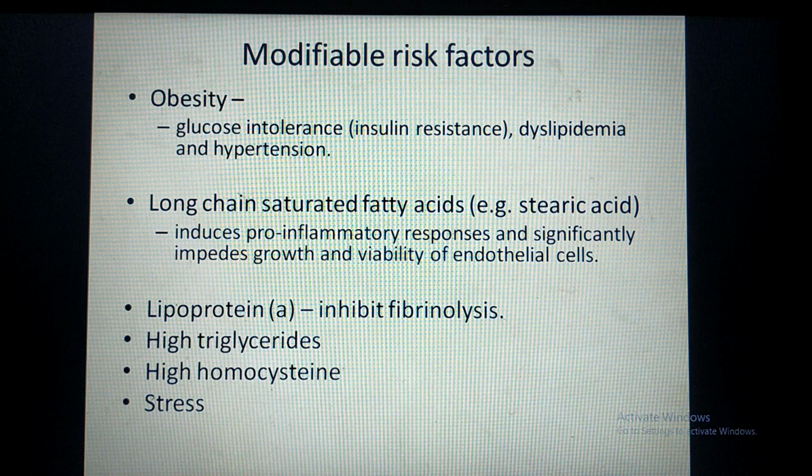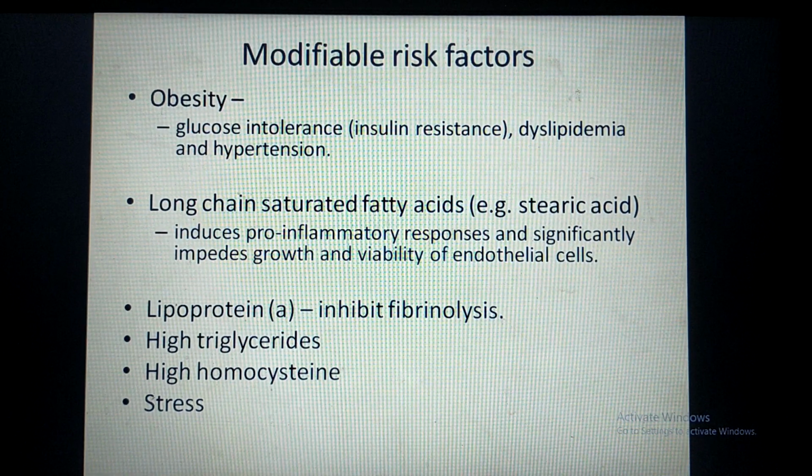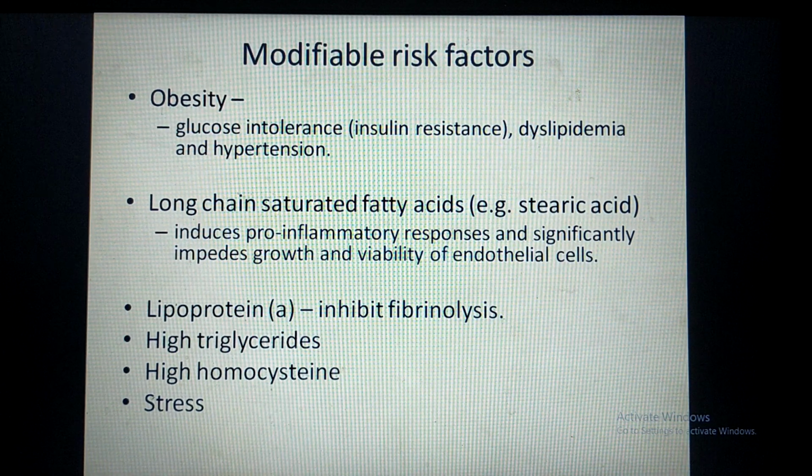Intake of long chain fatty acids, mainly saturated fatty acid, for example stearic acid, causes damage to the endothelial cell. It significantly affects the performance of the endothelial cells. Then lipoprotein A level. This lipoprotein A has anti-fibrinolytic activity.